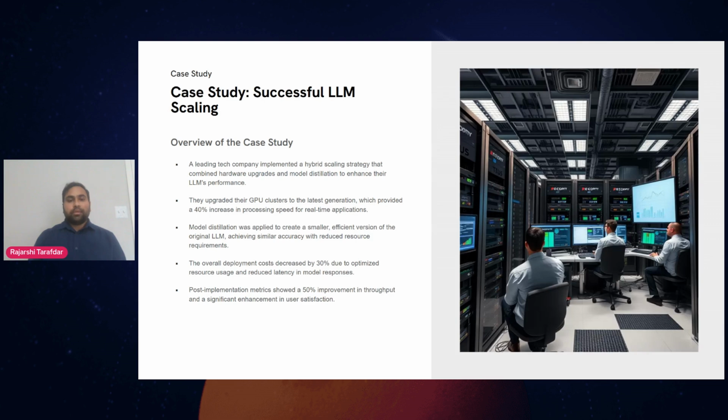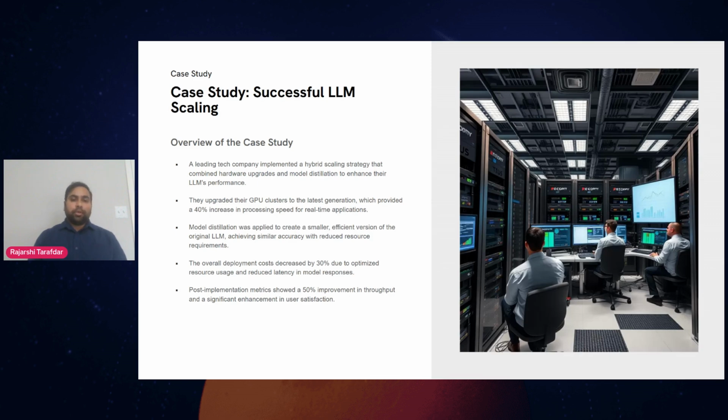Model distillation was also applied there, reducing the resource requirements but with more precision and accuracy. The deployment cost was reduced significantly, by almost 30%, by integrating both model distillation and this hybrid strategy.